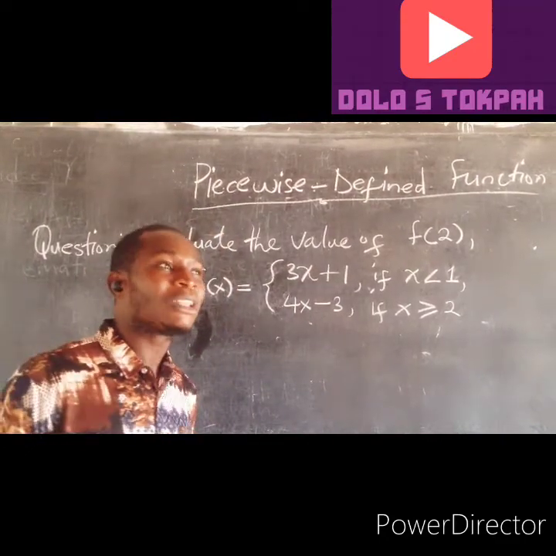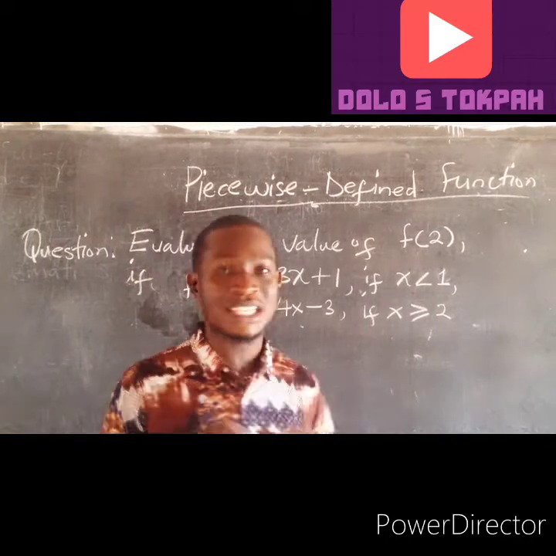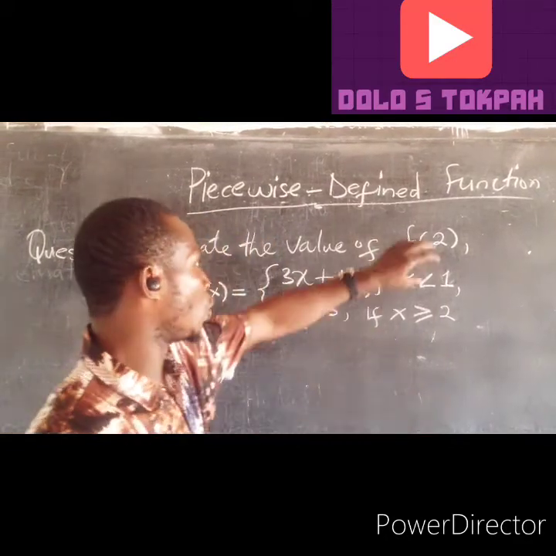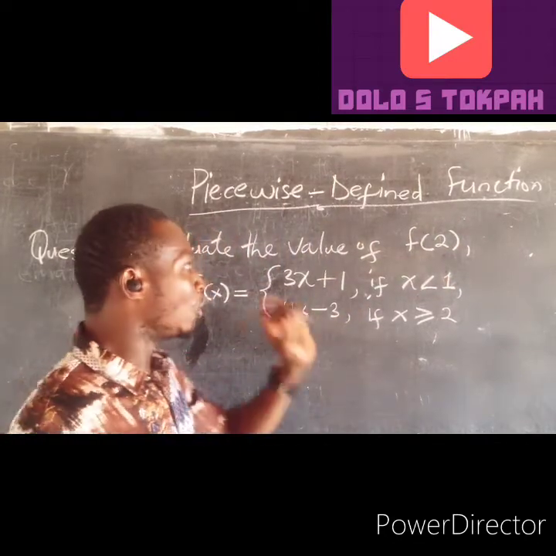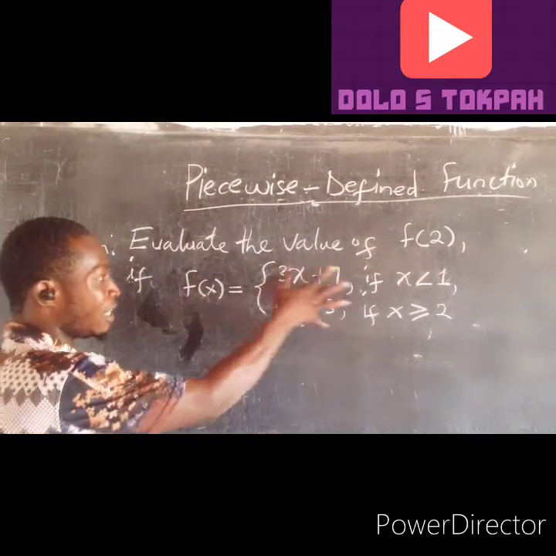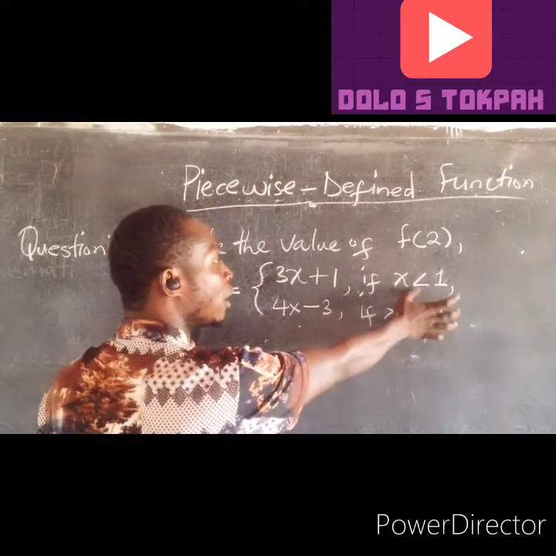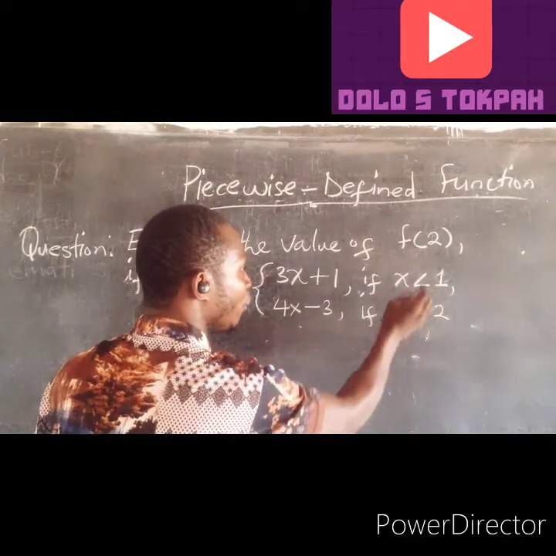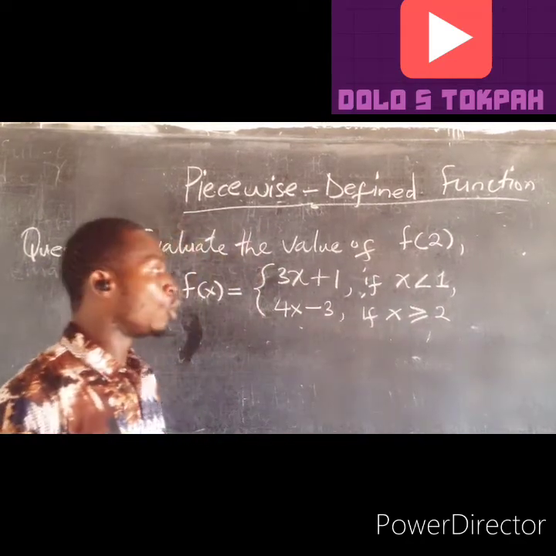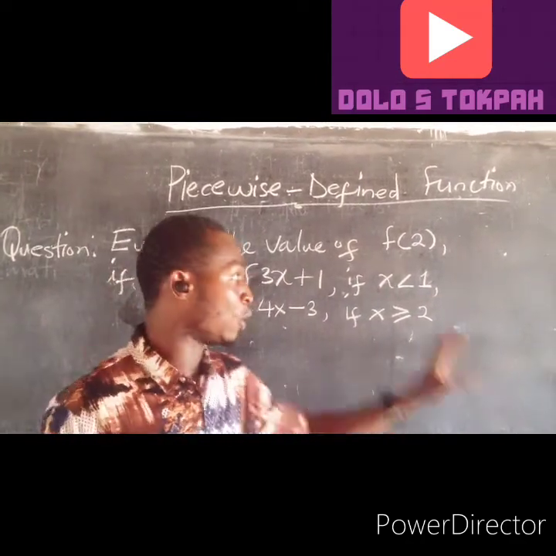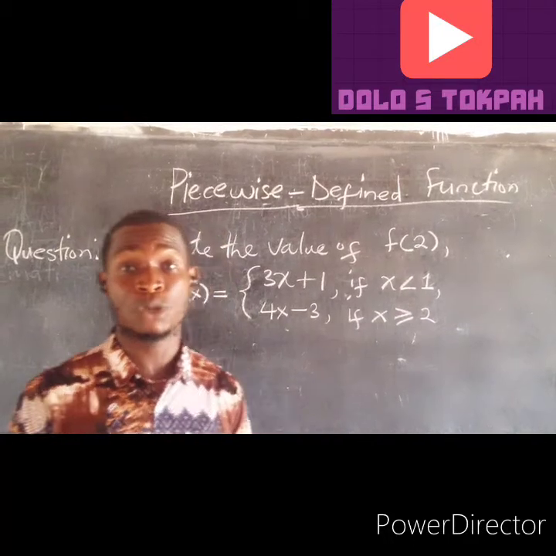The major concept of this function is to look at the domain, what we are asked to find. It is spelled out for x less than 1 and x greater than or equal to positive 2, and we are going to convert them because it's almost expressed in set builder notation form.